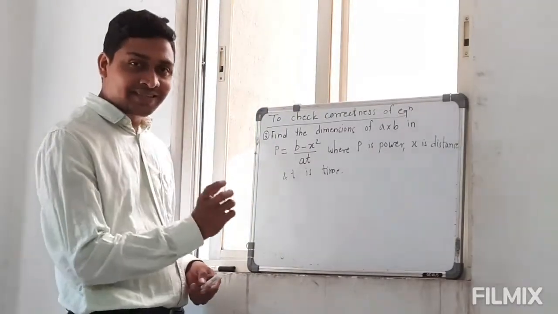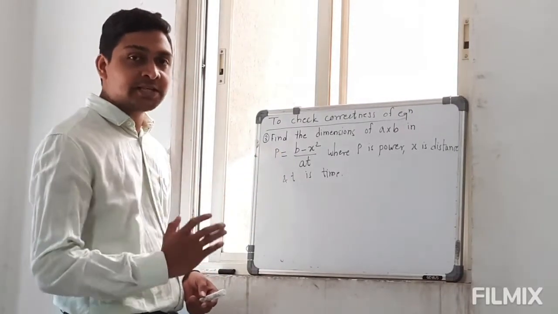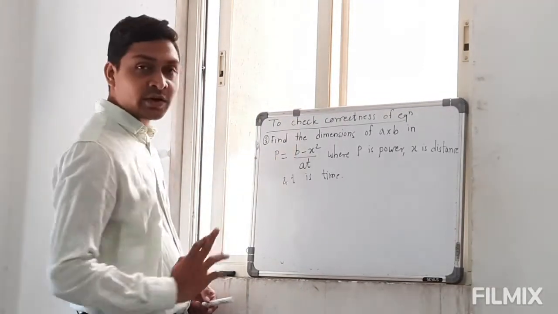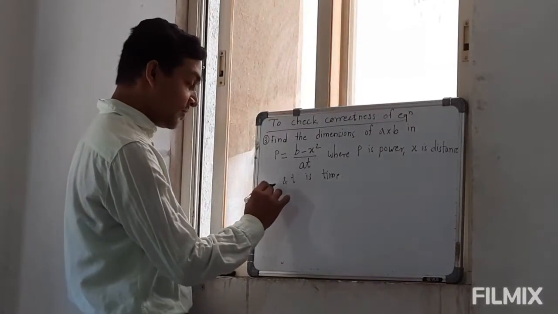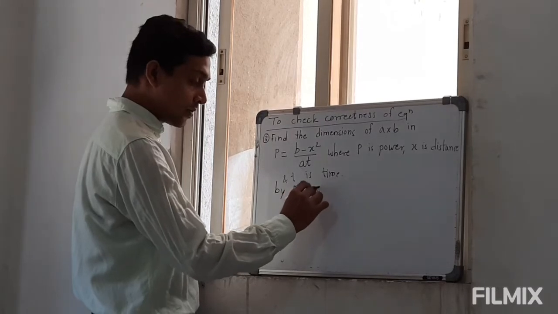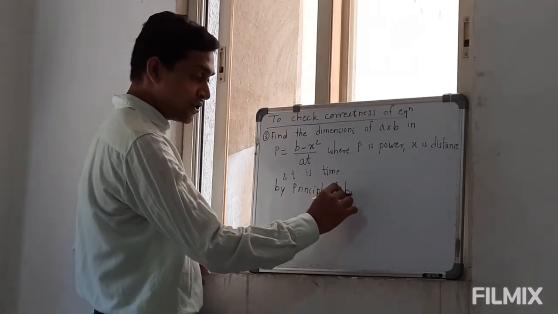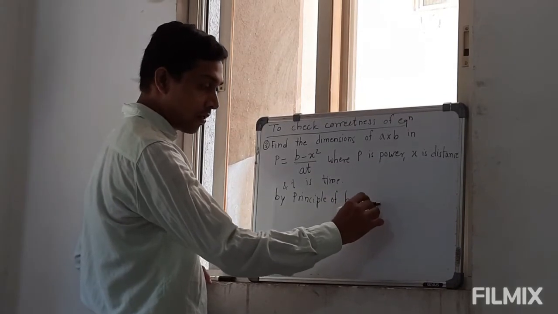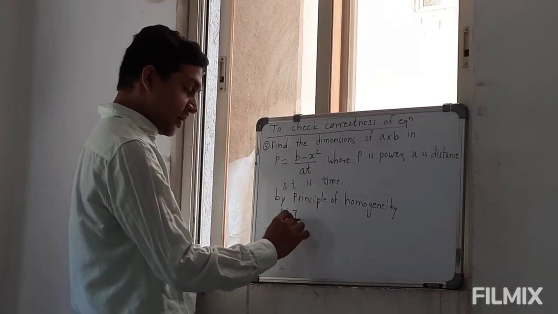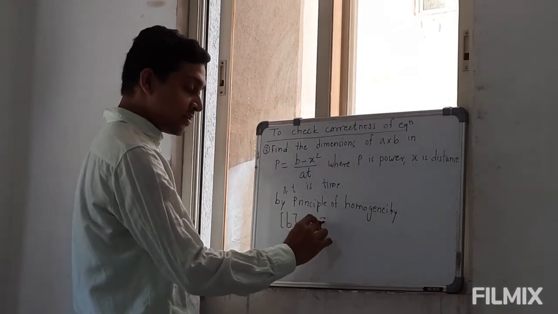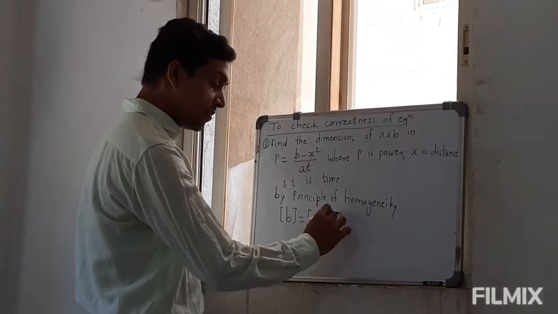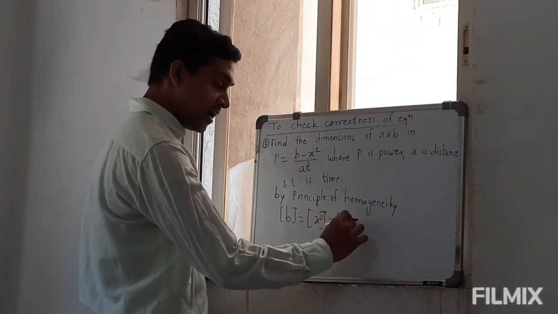So if B minus x square is given in the equation, by the principle of homogeneity, the dimensions for B should be equal to the dimensions for x square. Now x is distance, and distance stands for L. So the dimensions for B will be equal to M0, L2, T0.